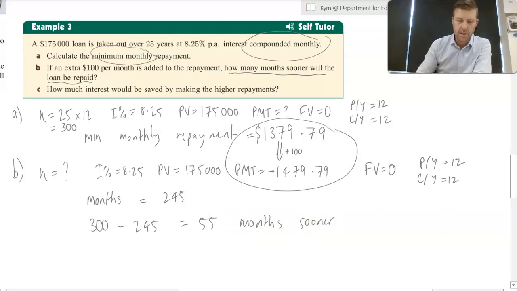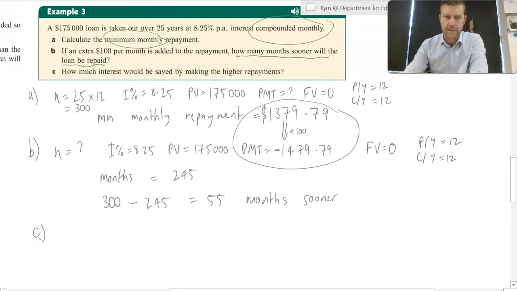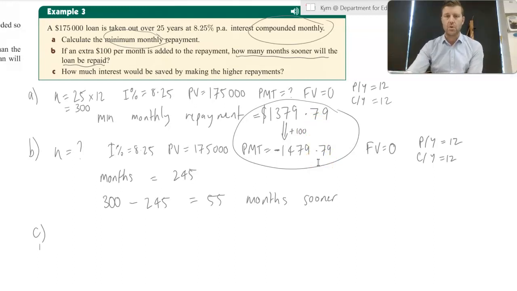The last question, part C, says to basically calculate how much interest would be saved by making the higher repayments. So what I'm going to do here is work out the amount of interest I would have to pay using the payment of $1,379.79, and then compare that to the total amount of interest that I would pay if I paid an additional $100.